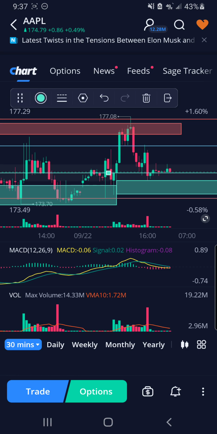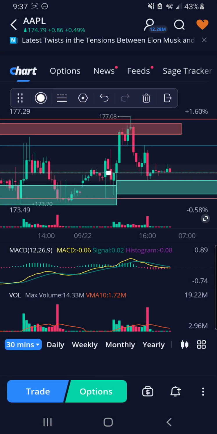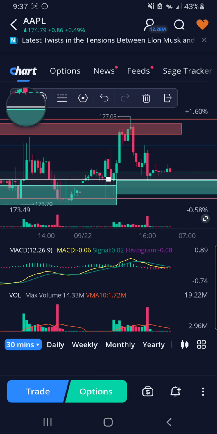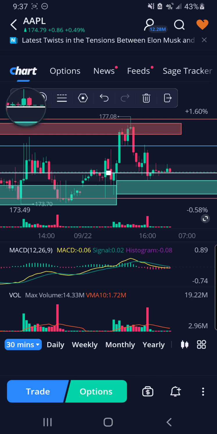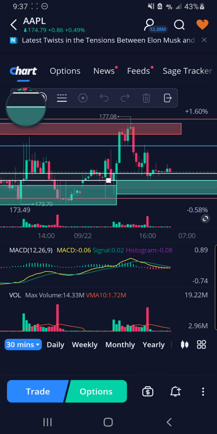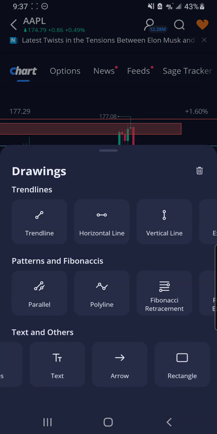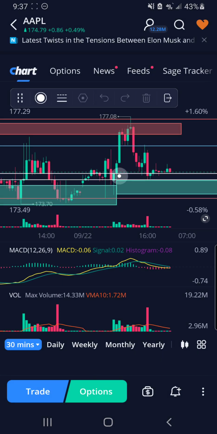If you go into the past, like I say, you come from here, that closed to this wick. Hold on. We'll just call it there. Then you make a rectangle for your buying zone.